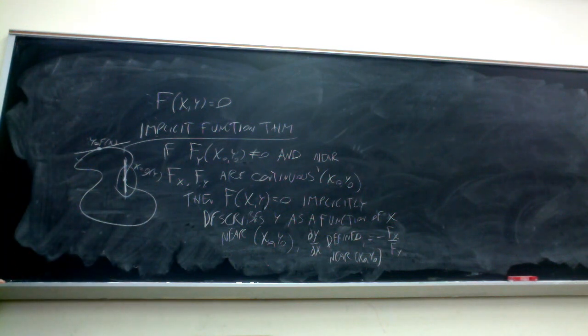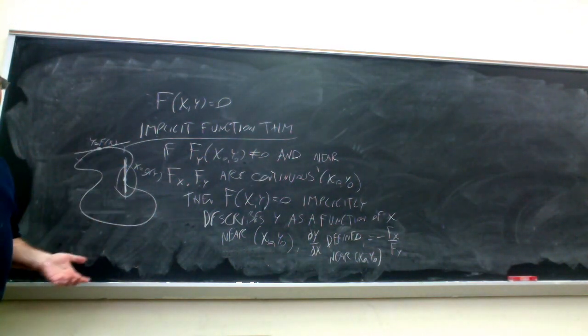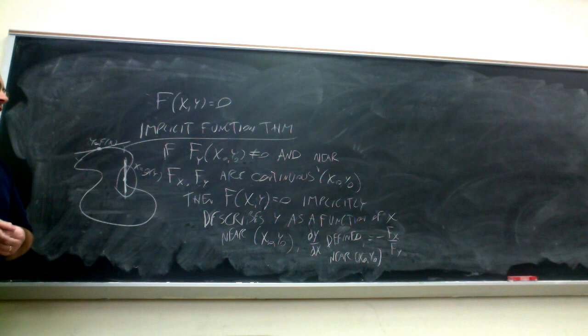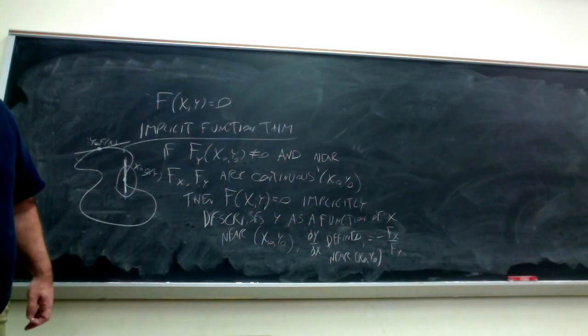Later when we get to the next section, directional derivatives, I can tell you how you define tangent lines and tangent planes without worrying about whether you could define y as a function of x or vice versa. So there is an easier way. We're getting to that, but we're not ready for that yet.